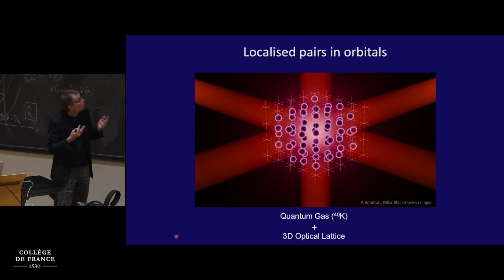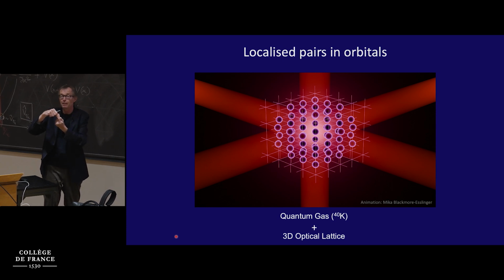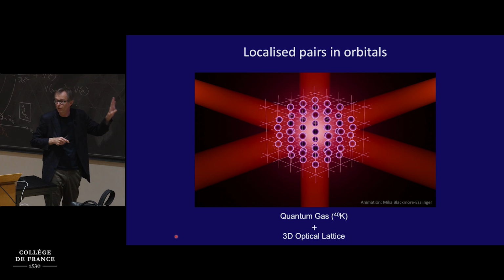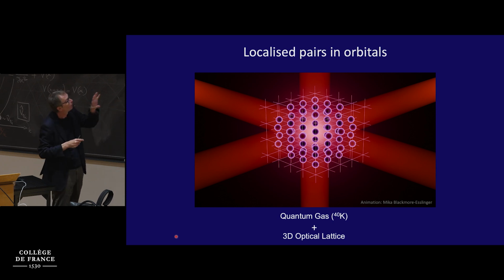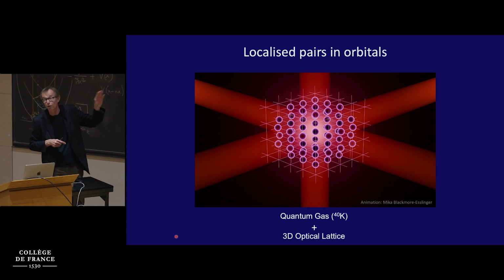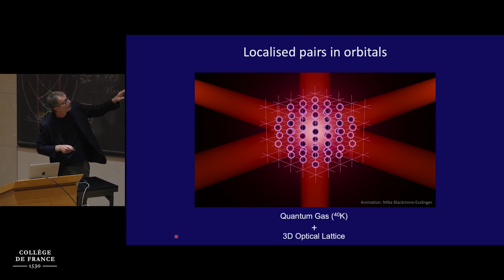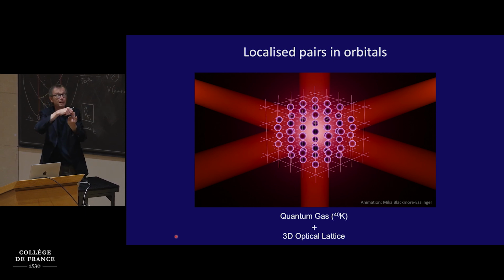And with this, if we have attractive interactions, we end up having singlet pairs sitting on the lattice sites. Not perfectly on every lattice site, but a good fraction, maybe 50% or so, are filled with singlet pairs. And these localized lattice sites are like our orbitals.